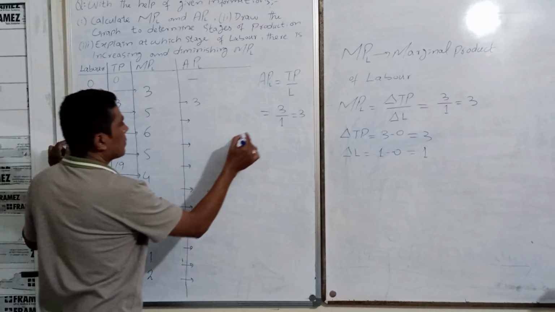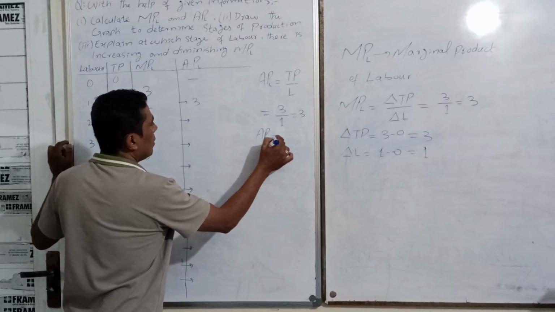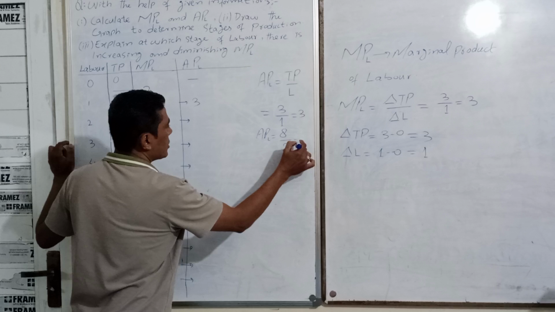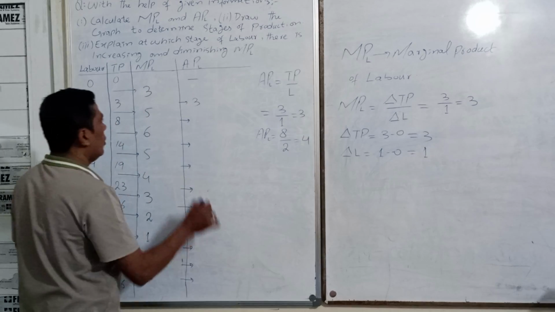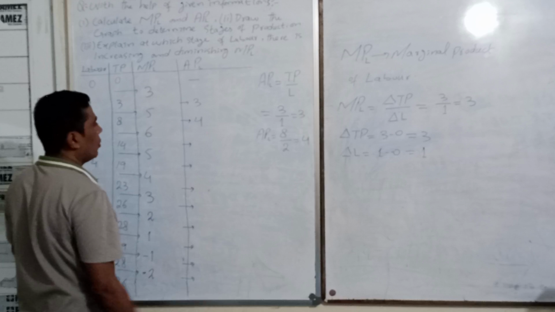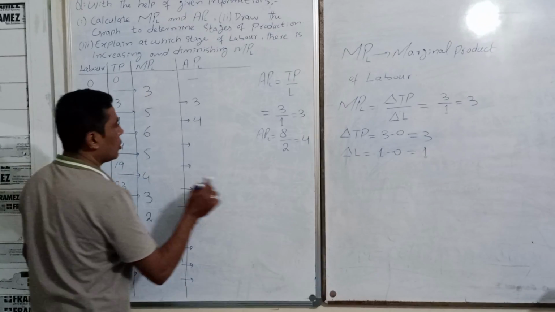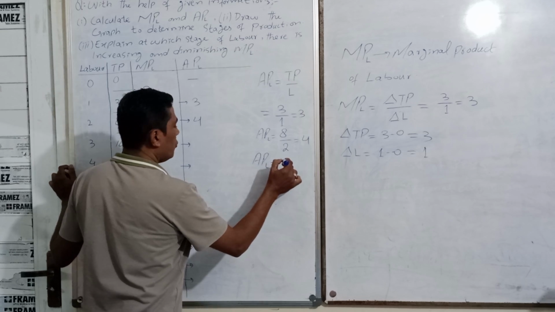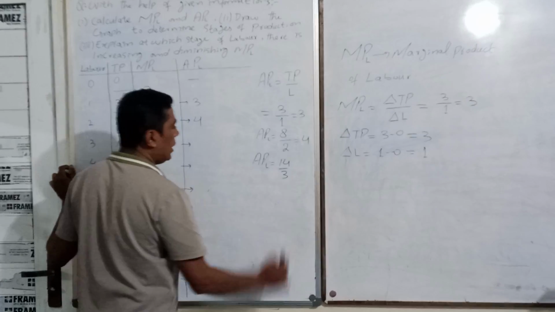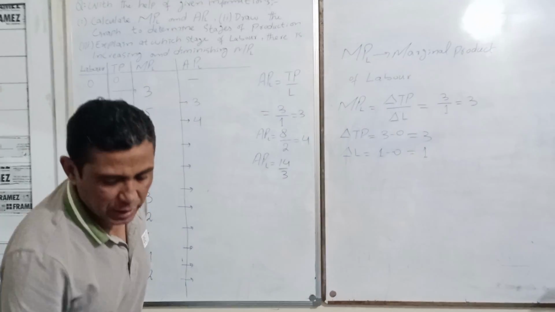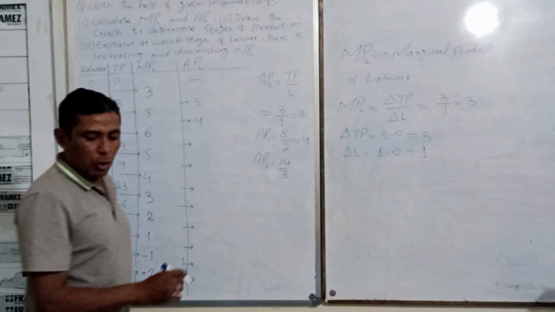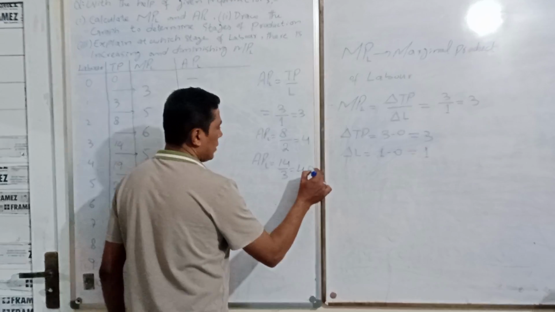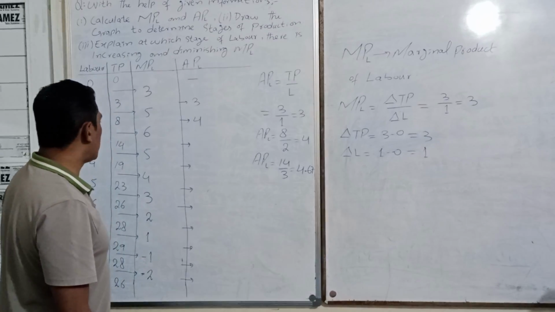Similarly, now this one, APL: total product is 8, number of labor is 2, so APL is 4. Similarly, at the third stage of labor, APL equals 14 divided by 3. So 14 divided by 3 is 4.67.